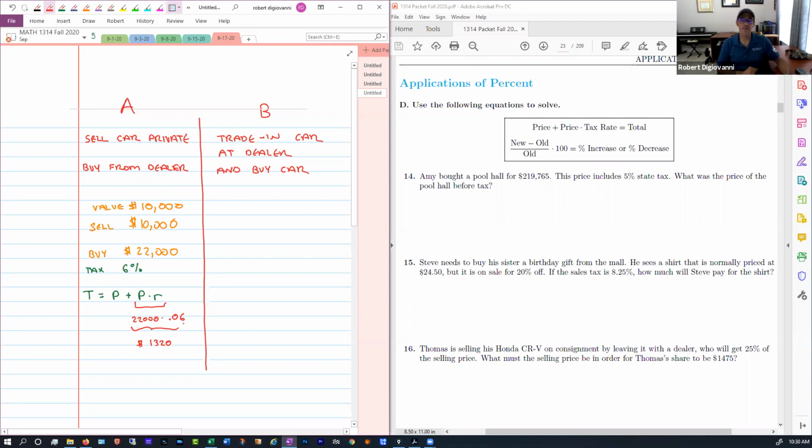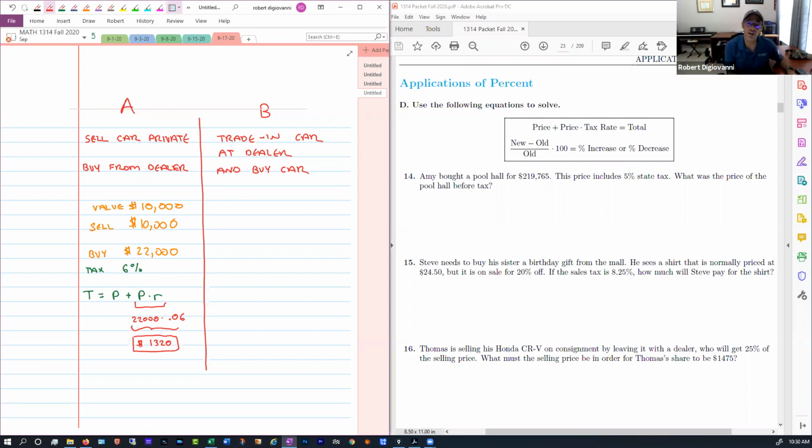Okay, that's how much we paid in taxes. So the total that we pay is that plus the $22,000. Does everyone understand that? $1,320 went out of our pocket, and we'll never see it again, right? It went to pay for roads and all other sorts of things that we have.